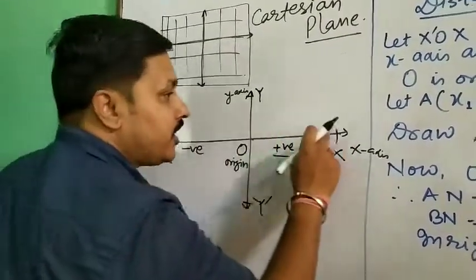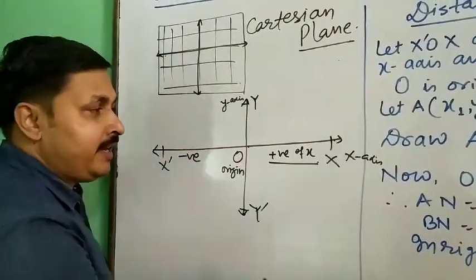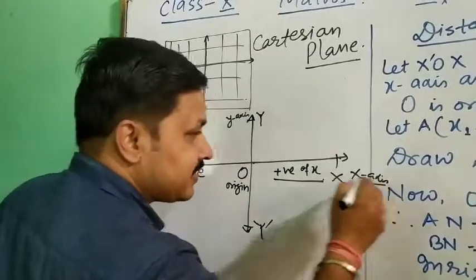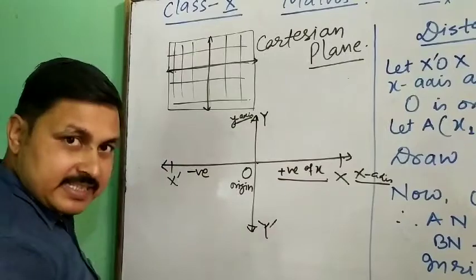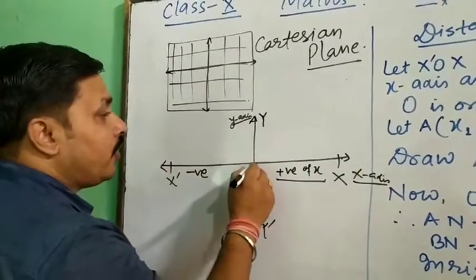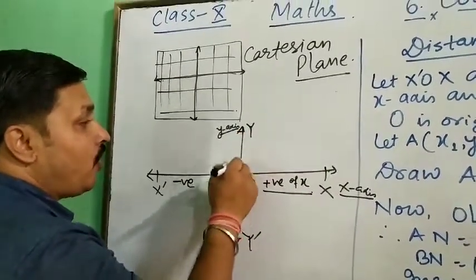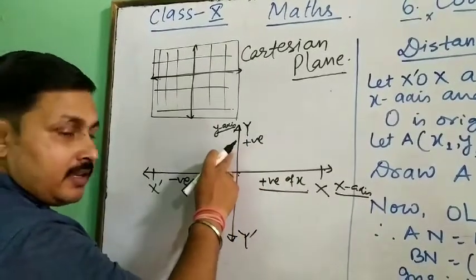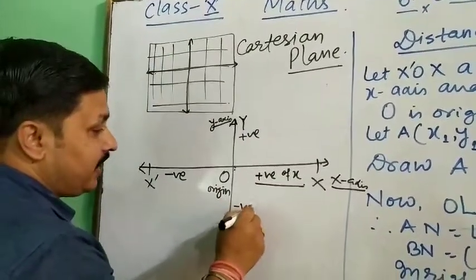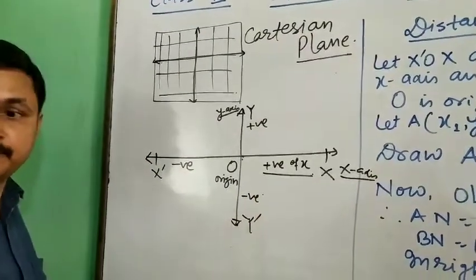The horizontal line represents the x-axis and the vertical line represents the y-axis. OY is the positive line of y and this is the negative line of y.